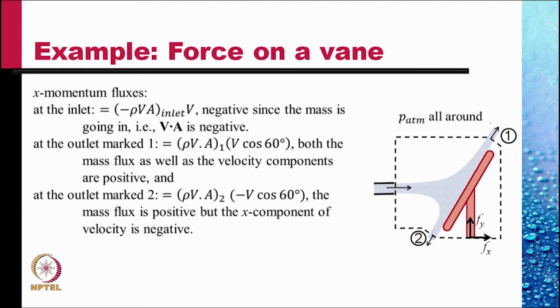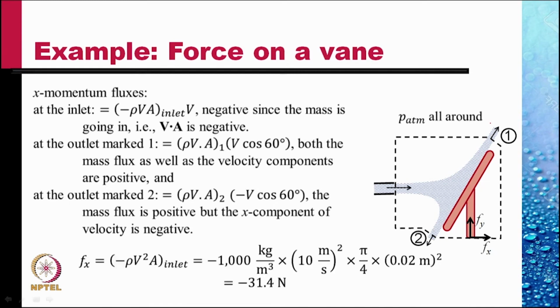The mass flux is positive, but the x component of velocity is negative, so the momentum efflux here is negative. So in the x momentum equation, the only external force on this control volume is Fx, horizontal. So Fx is the net efflux of momentum.